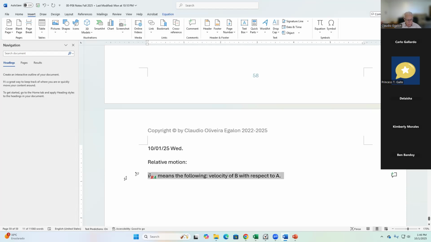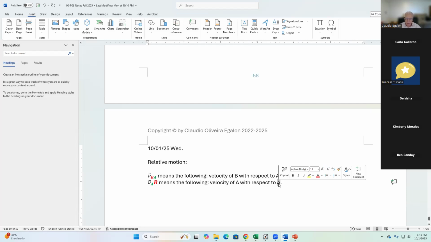And so following that approach, VBA means velocity of B with respect to A. VAB means velocity of A with respect to B. And there is this nice mathematical property of this notation, right?